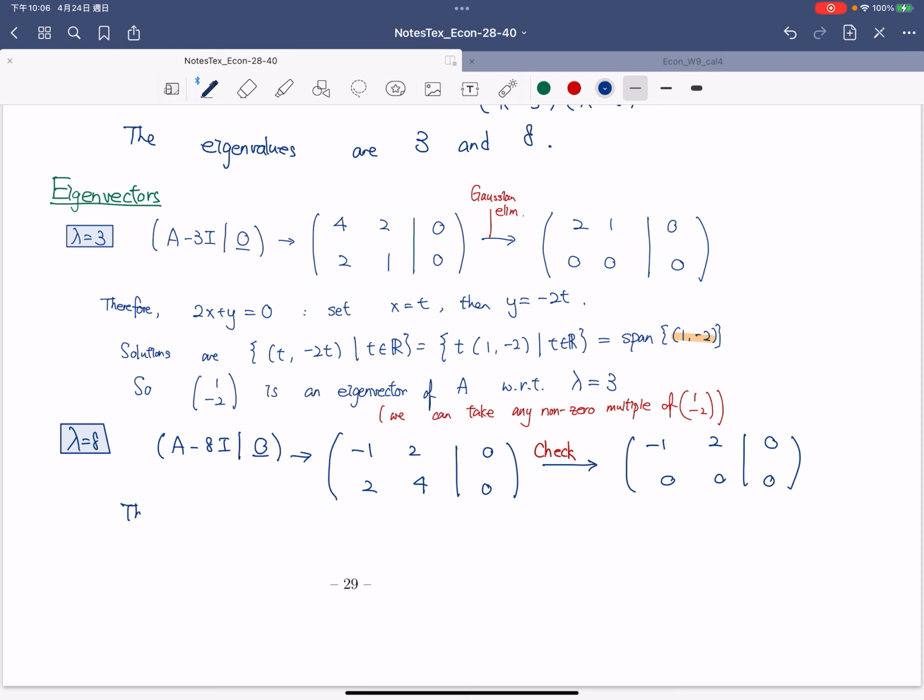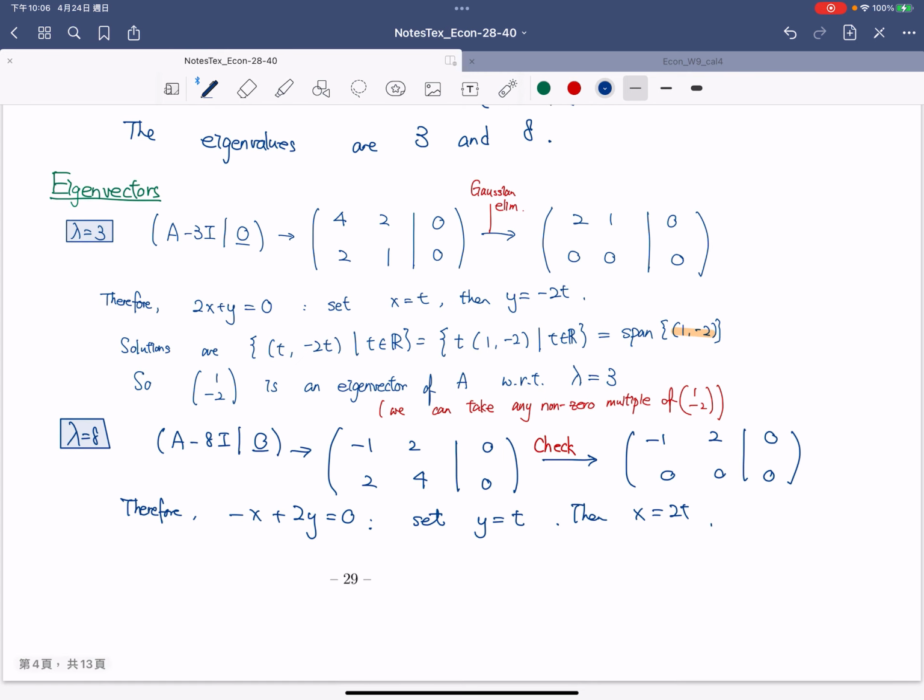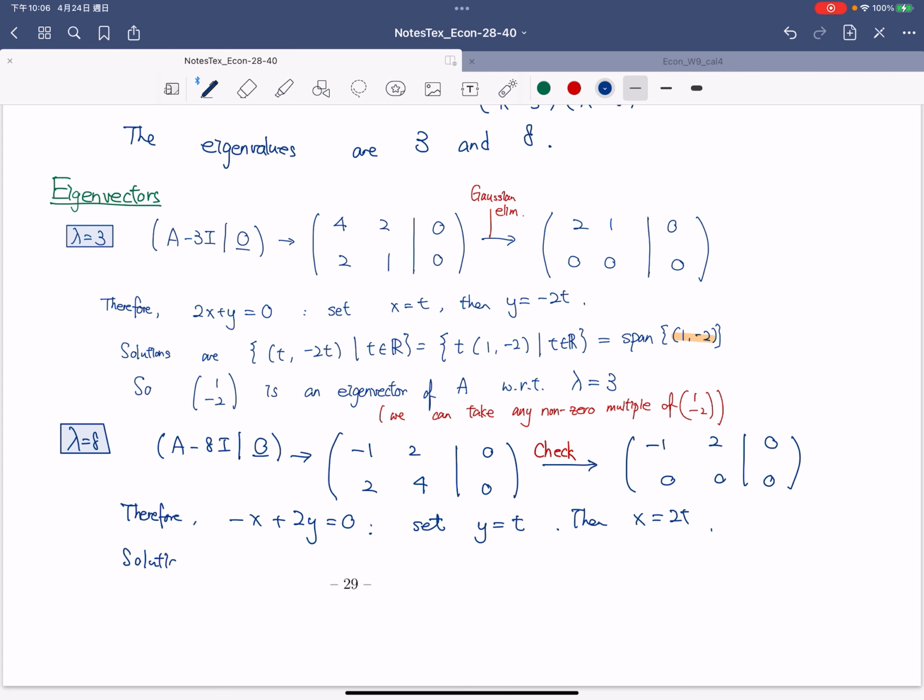Therefore, in this case, we have minus x plus 2y equals 0. So how do we solve that? If we set y to be t, then x equals 2t. Therefore, what are the solutions? I'm going to do it quickly.